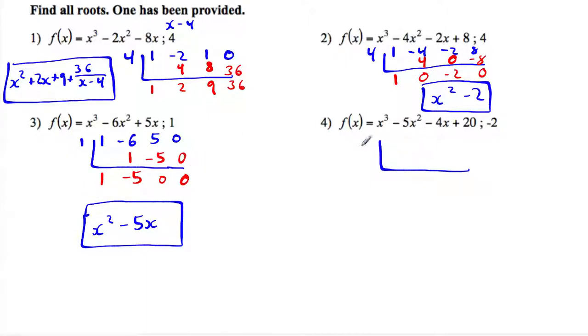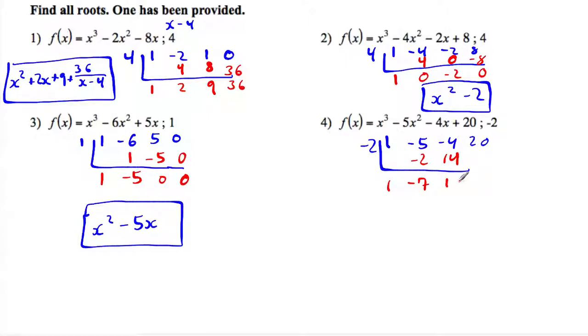And finally for number 4, I put a -2 on the outside. I have 1, -5, -4, 20. 1 times -2 is -2. Gives me -7. Sorry, I multiply these together to get a positive 14.